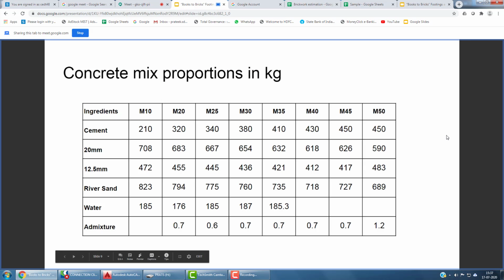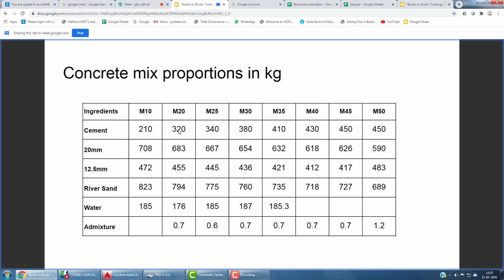Before that, I'll just show you an example of these mixes. These are our quantities of different grades of mixes: M10, M20, M25, M30, 35, 40, 45. These are the cement quantities that are required: 20 mm aggregate quantity, 12 mm aggregate quantity, river sand, water, and admixture quantity if you want to add. No need to note down, I'll be sharing with you.